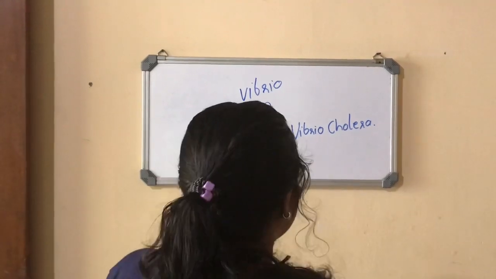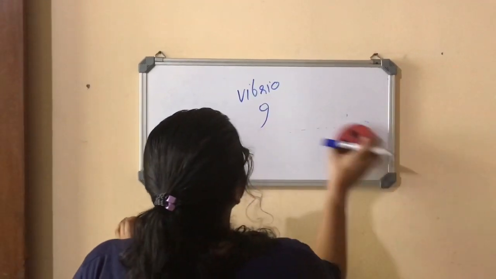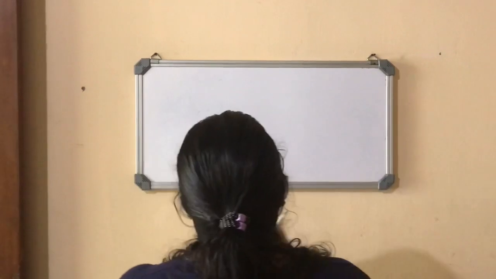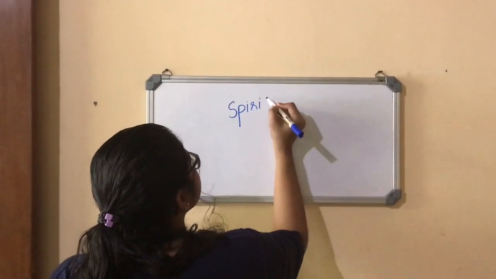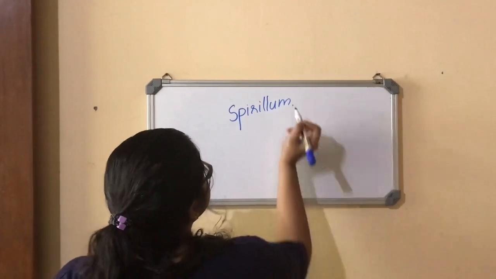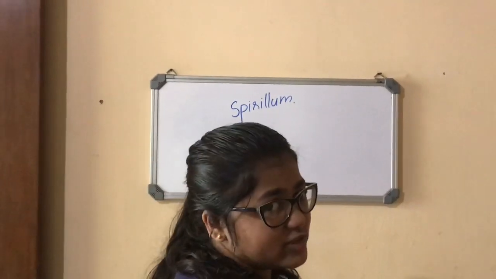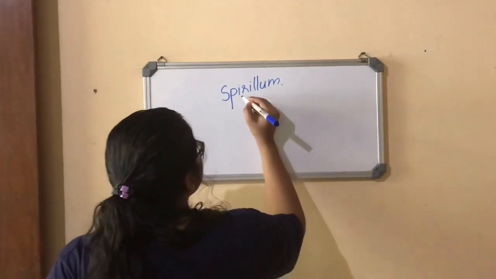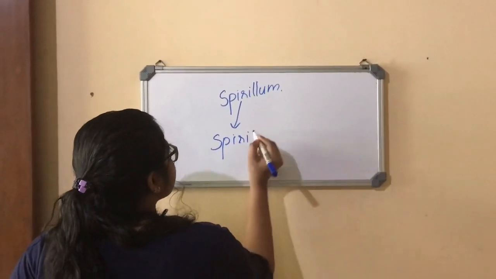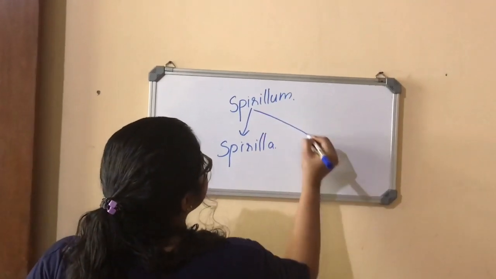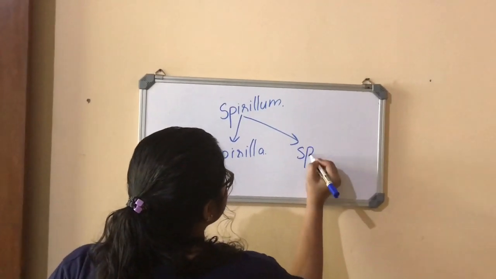And then comes the spirillum. I said that spirillum is divided into two. They are spirilla and the spirochetes.